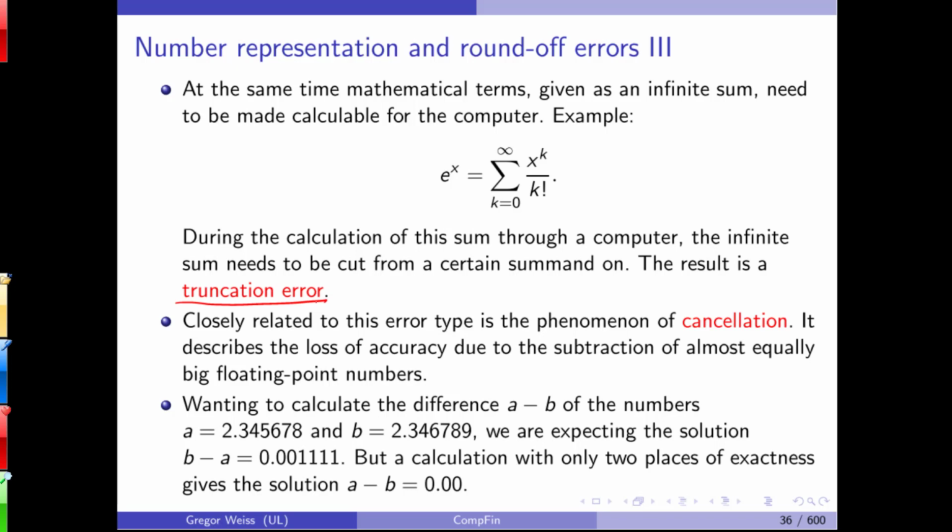Same here: 2.345678 and 2.346789. If you compute this with 246 decimals precision, you will get the exact true solution 0.001111. But if you only compute it with 2 places of exactness, the result will be 0.